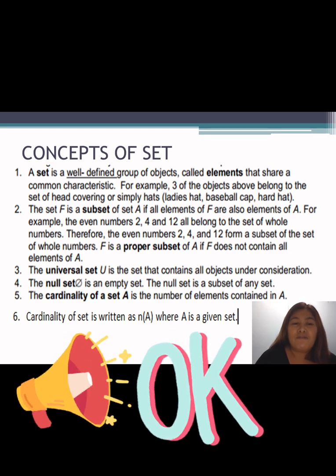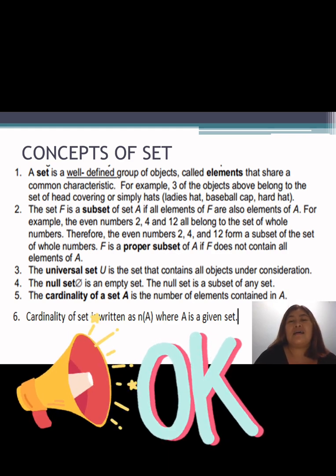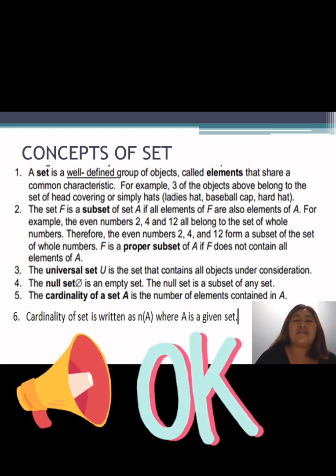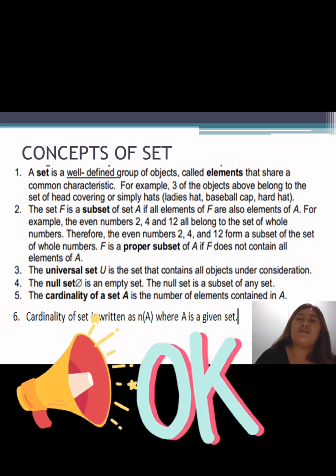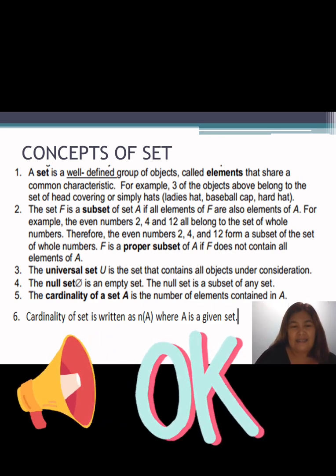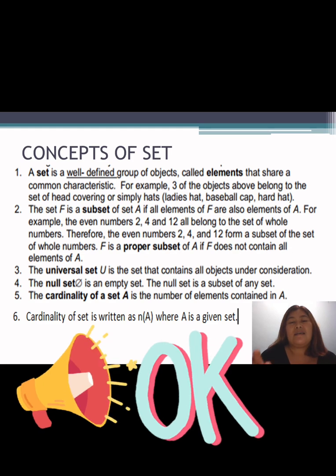And then, of course, the null set is what we call the empty set. Again, a null set is a subset of any set because any set could have an empty set. And then next is the cardinality of the set, which is also the number of elements of a set. So how could we write the cardinality of the set? Again, it's n parentheses the name of the set.